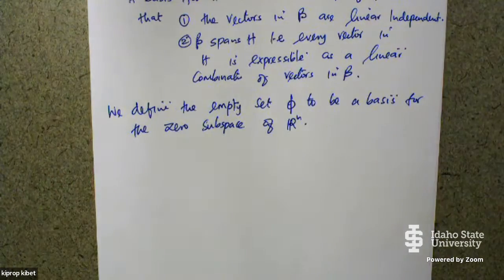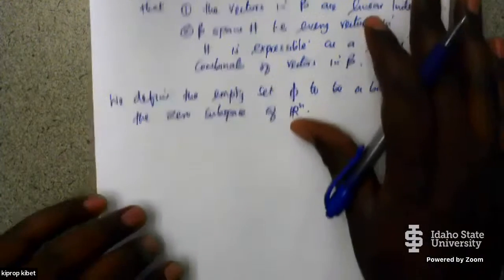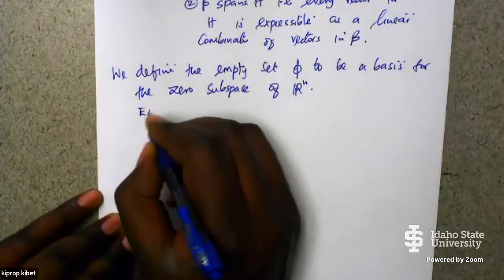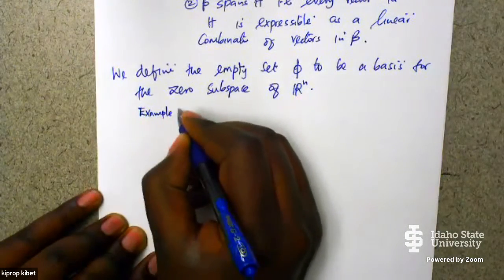So the empty set can also be the basis of the zero subspace of Rn.